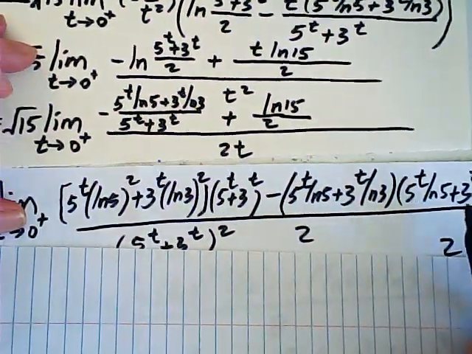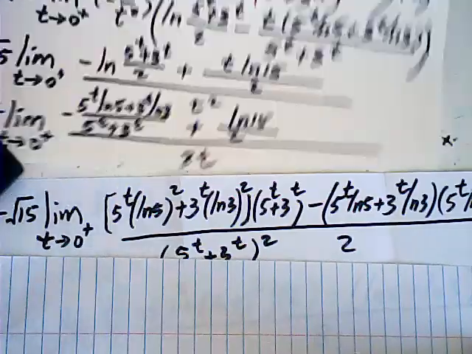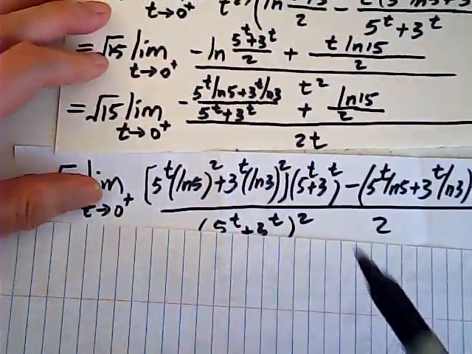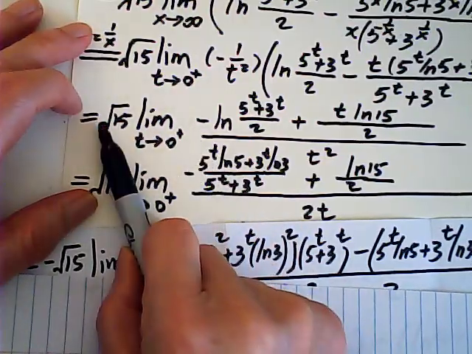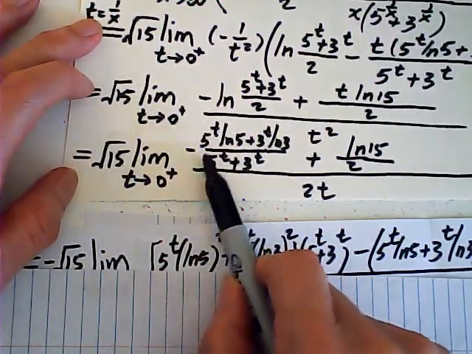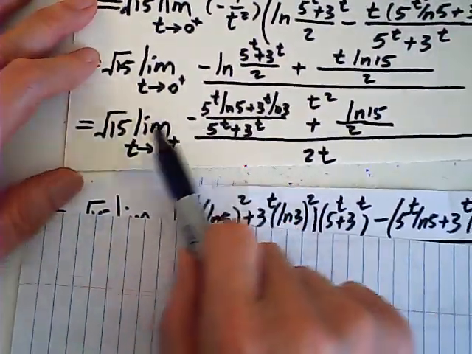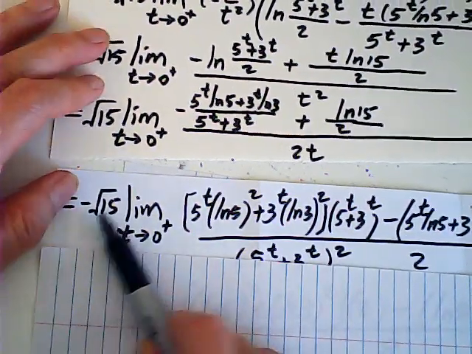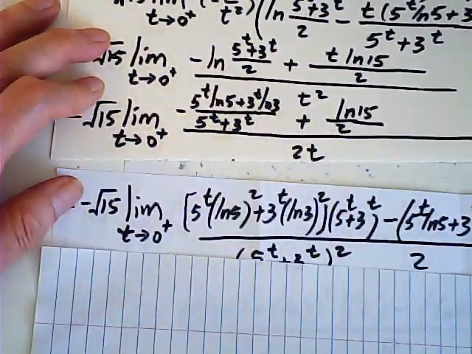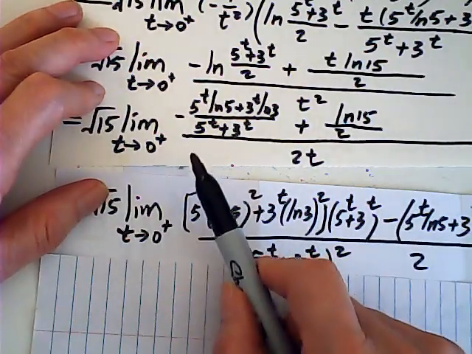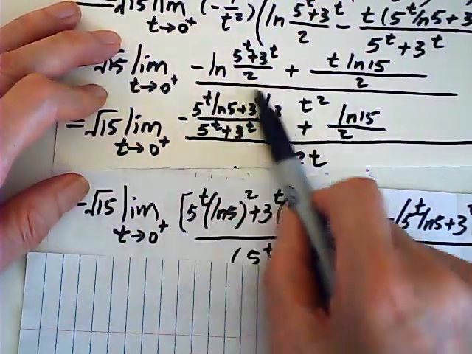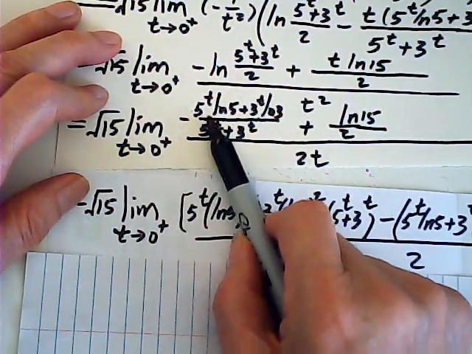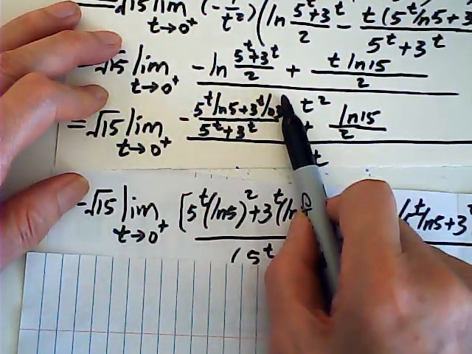I hope I do not mislead. I try again. Here, I take the negative out, so this is negative, this is positive, this is negative. Now I take the derivative of this one with respect to t.